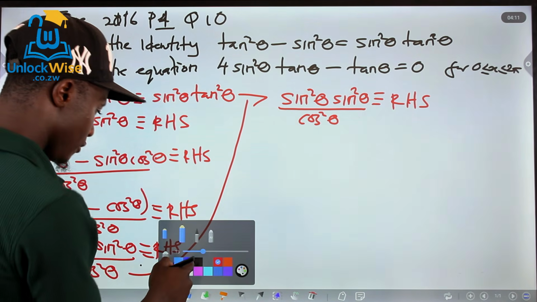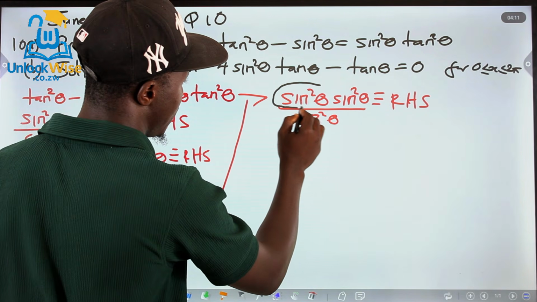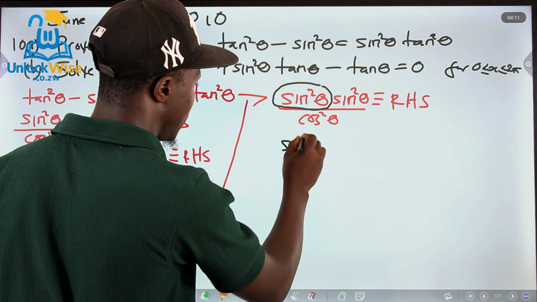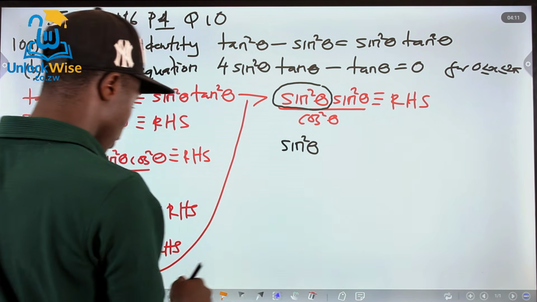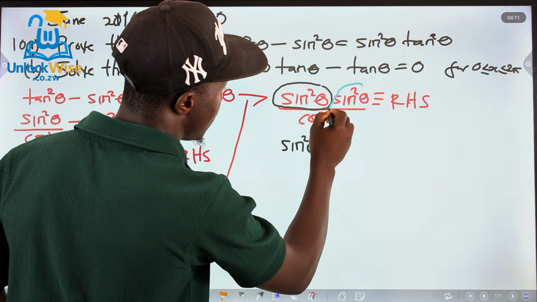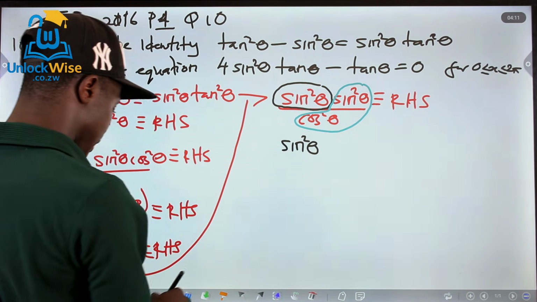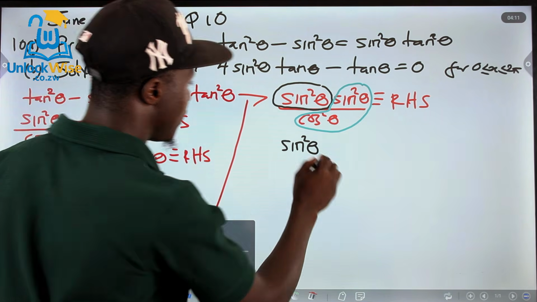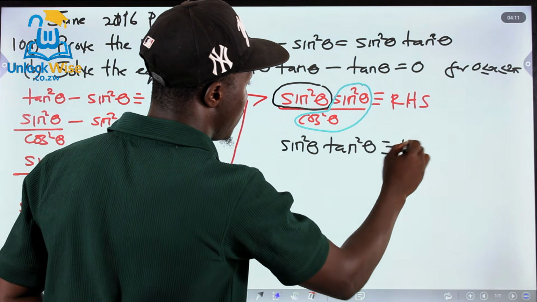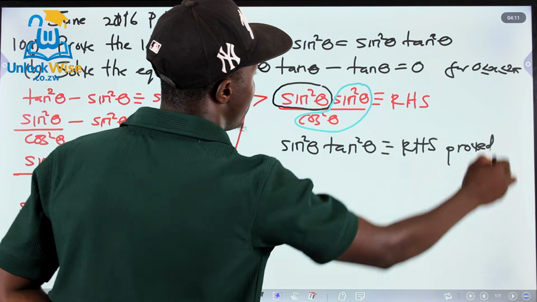We write down this sine squared theta as it is. So what is sine squared theta over cos squared theta? That is equal to tan squared theta, identical to the right hand side. Now this part is proved.